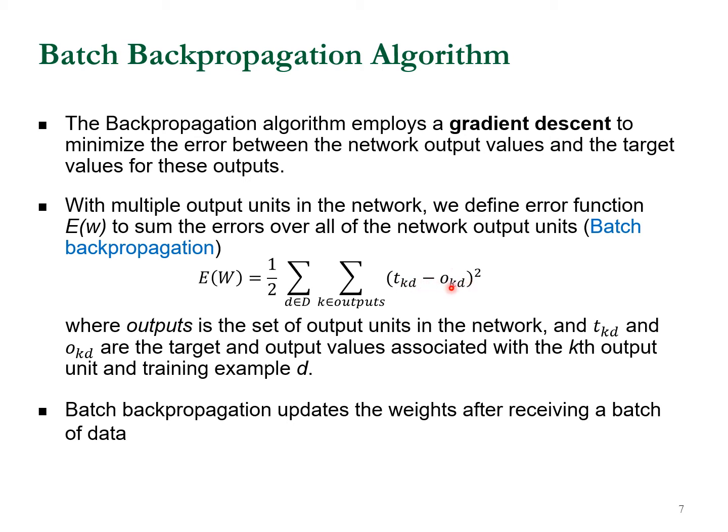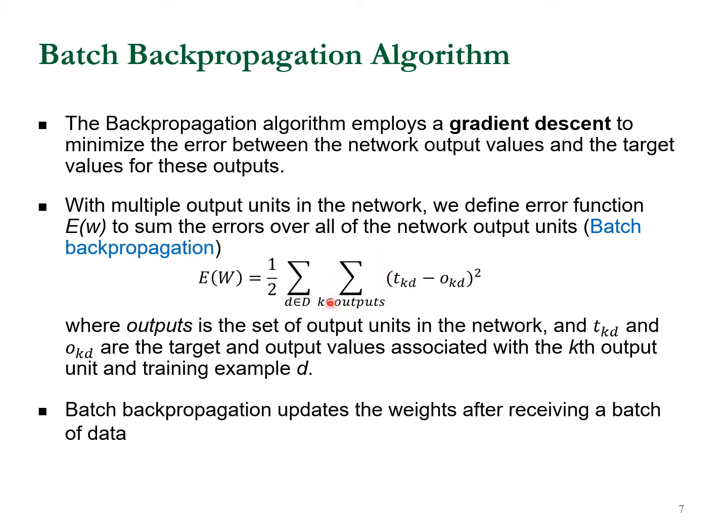So this is the error between the target value and the network output, and we put a square here. The reason we put the square here is that without the square, some errors are plus and some errors are minus, so they may cancel each other out. Because of that, we put the square here, and then this square is added for every output node.